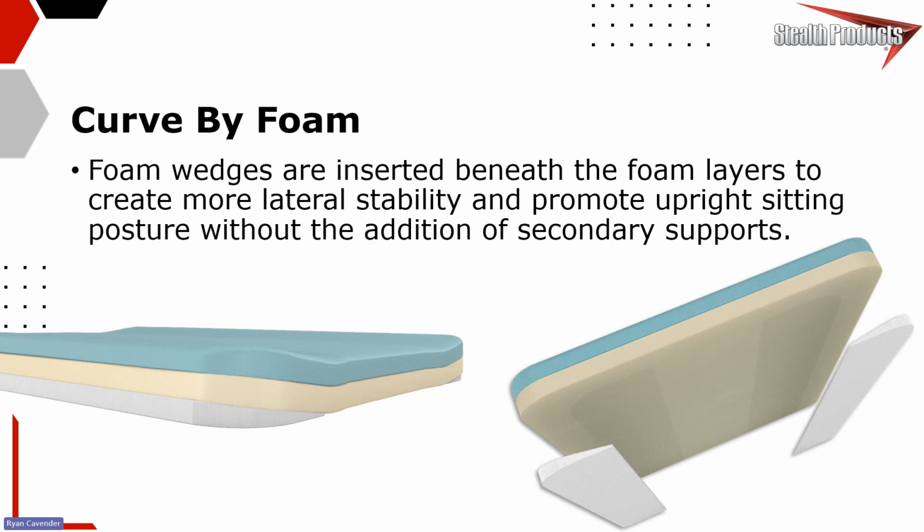So we use closed cell foam. It's good for shock absorption and vibration dampening without much compression. So this modification just gives you a little more shape to otherwise a fairly flat back support, to help give you a little bit more support in upright sitting posture and a little bit more comfort for some clients.